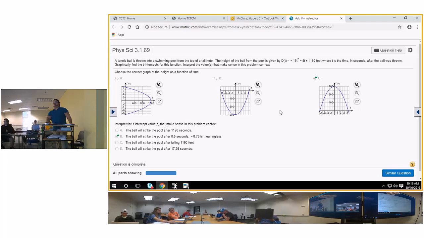It's C because you can't throw from hell. Okay, so negative 12,100, you're pretty much in hell. So forget that. So we're at C. All right, so let's go ahead and find the vertex and everything, and let's see what they're asking for. So that's negative 16.